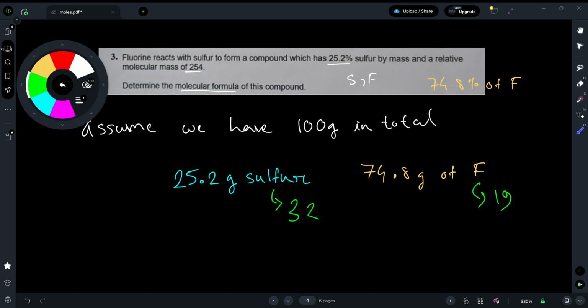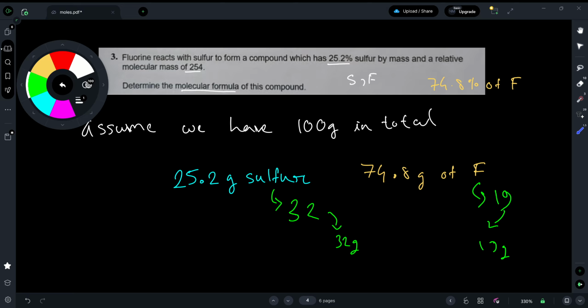Since these mass numbers are different, when you multiply by Avogadro's constant, you're going to get different masses. If you were to multiply it by Avogadro's constant, you would get 32 grams of sulfur for 1 mole, and for fluorine you would get 19 grams.